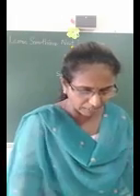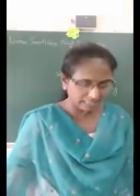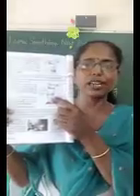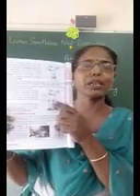That is called filtration, and this method is used to separate water from insoluble impurities like mud and sand by using filter paper. To filter a mixture of water and sand, make a cone of filter paper and keep it inside a funnel. In this picture you can see a funnel with a filter paper, and through that we pour the dirty water.